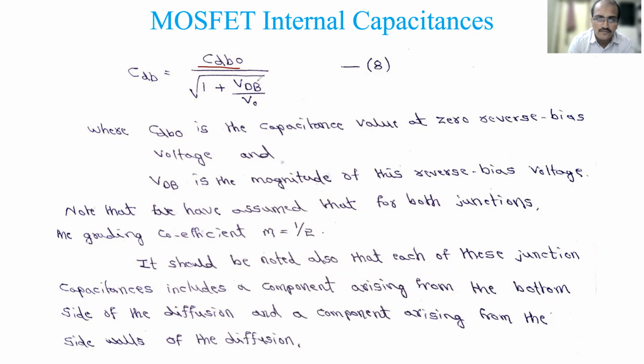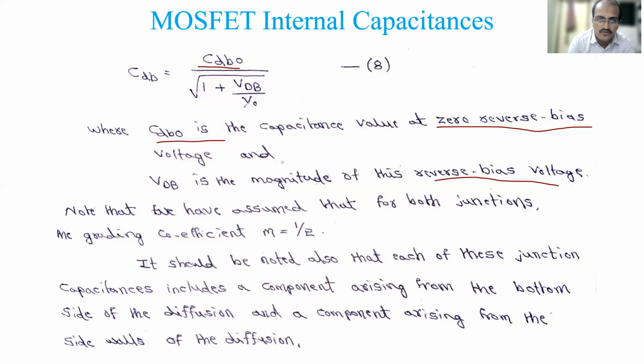VDB is the drain to body indication. CDB0 is the capacitance value at zero reverse bias voltage, and VDB is the magnitude of the reverse bias voltage. Hope you are understanding.